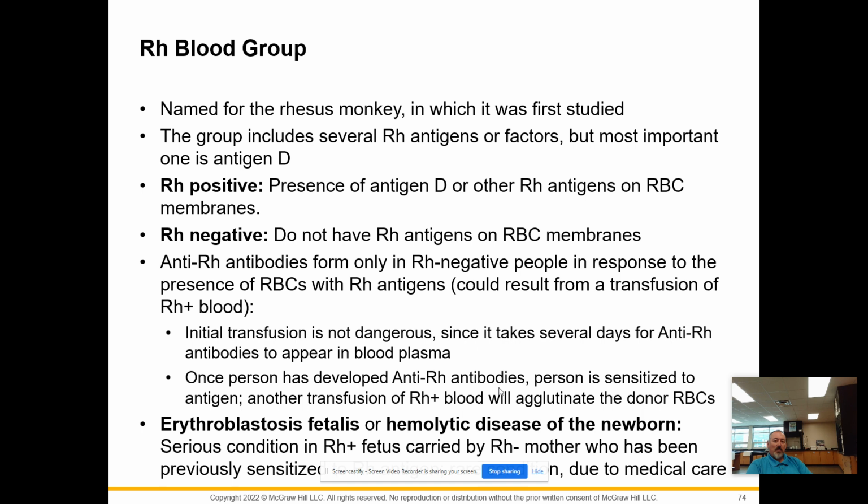A baby, when it's born, will have fetal blood as well as maternal blood, and they're going to mix. Until this time, they don't really mix. So the mother has now been exposed to potentially Rh positive blood. The mother's immune system will identify that foreign substance and develop an immune response to it. And so the first baby, no problem.